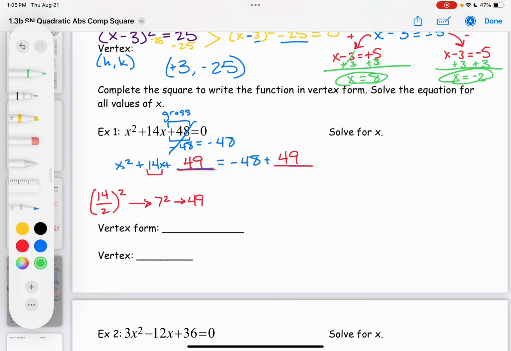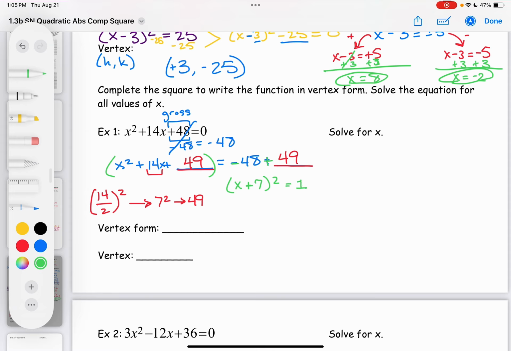Now on the left side, I have a perfect square trinomial, which I can factor, and I can factor it to x plus 7 squared. And on the right side, I've got negative 48 plus 49.